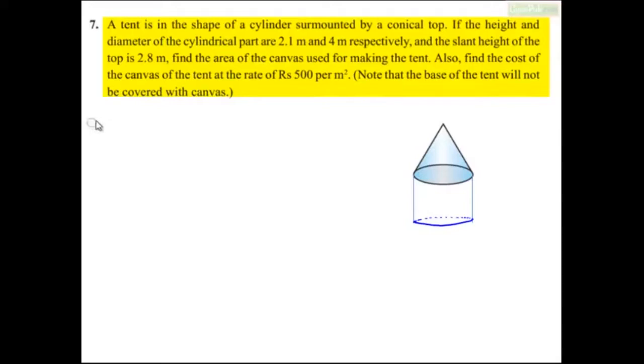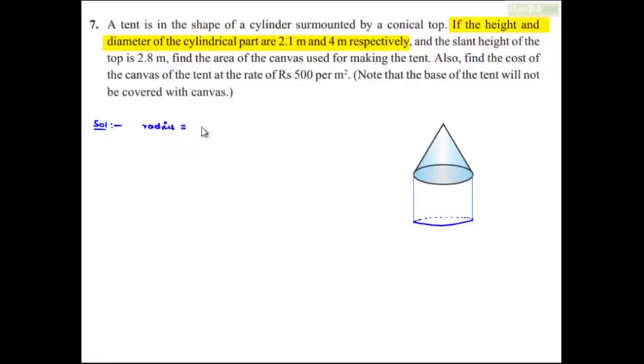So here now coming to the solution. Here a tent is given, which is nothing but the cylinder mounted by a cone. For this, he has given that diameter of the cylindrical part is 4 meters. So here the radius will be equal to half of diameter, that is half of 4 meters, which is equal to 2 meters.